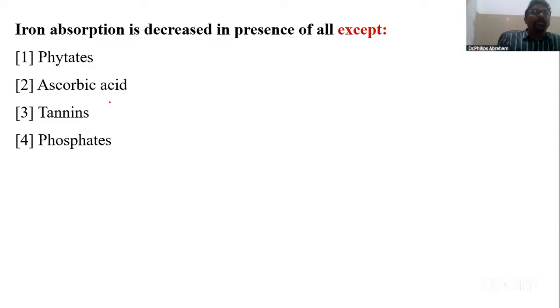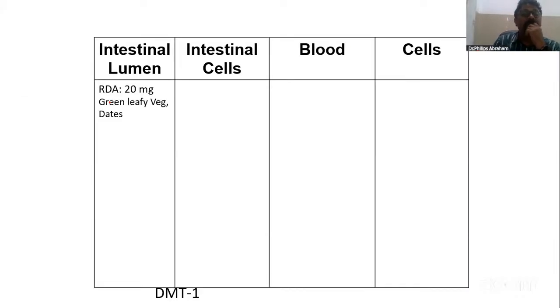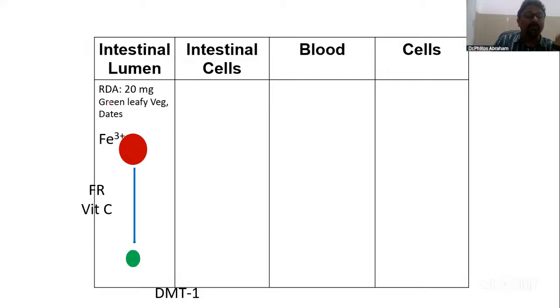But one compound that increases absorption is vitamin C. Naturally, we have iron in the Fe2+ state, but whenever it gets exposed to oxygen, it becomes the ferric state. This cannot be absorbed. Ferric ions should be converted to ferrous with the help of vitamin C and ferric reductase. Iron Fe3+ is converted to Fe2+. So for iron absorption, we need vitamin C.